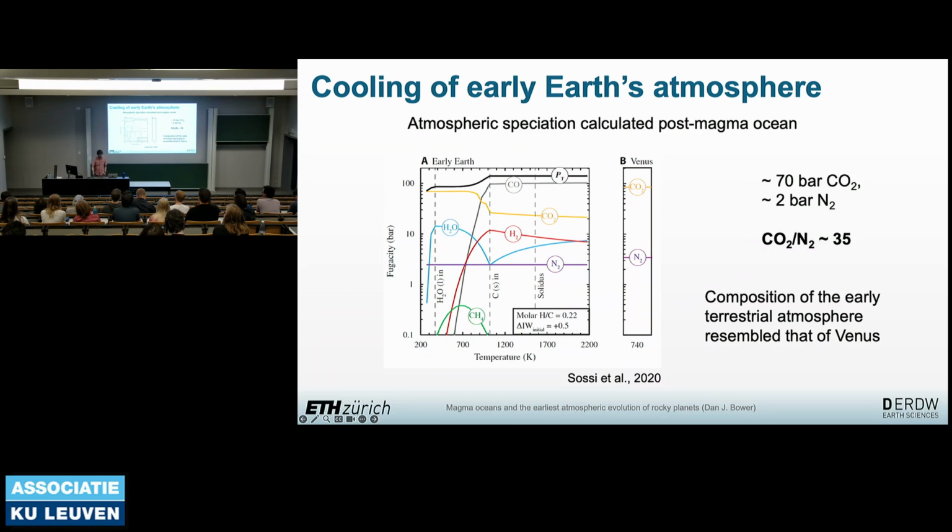But again, this is only soon after the magma ocean stage. So this is only maybe up to 100 million years, probably less, after the Earth was fully accreted. And then you have 4.4 billion years plus of geological time where you can process the CO2 and N2. Assuming that, and this is not a given because we don't know when plate tectonics started and there's a lot of debate in the community, but if you assume that you had an efficient mechanism to draw carbon back into the interior, then you can draw down CO2 relative to N2.